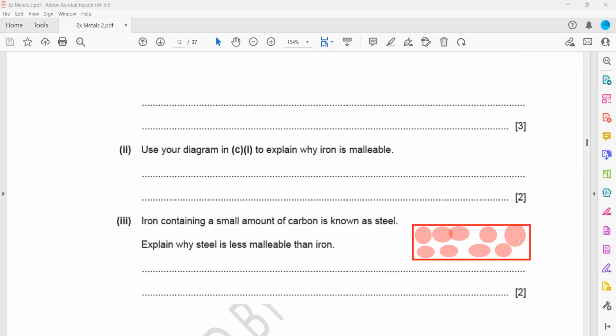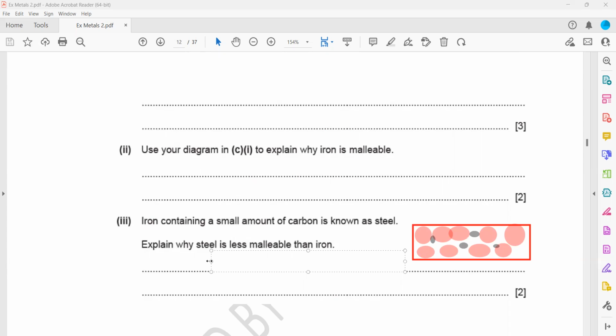So the lattice of positive ions, and there are impurities as well, like other atoms between the lattice. As a result, the layers cannot slide over each other. So particles of different sizes are in the lattice, so layers cannot slide over each other. That's why it is hard, or less malleable.